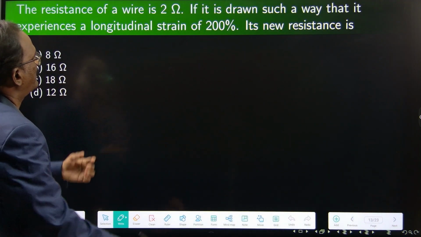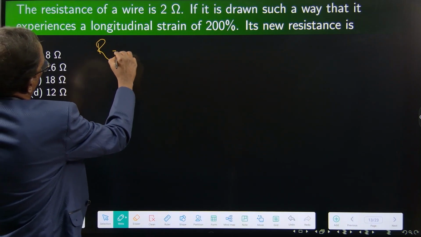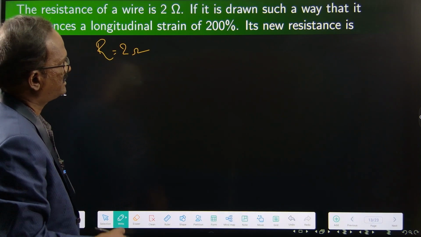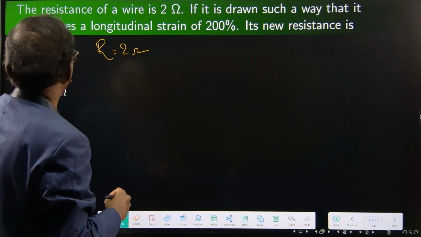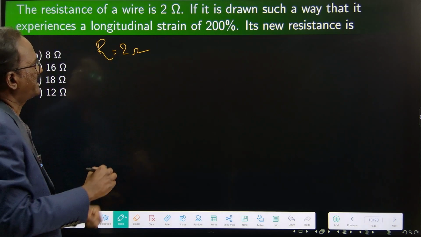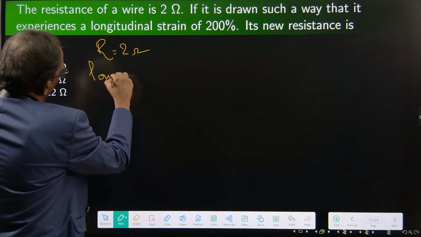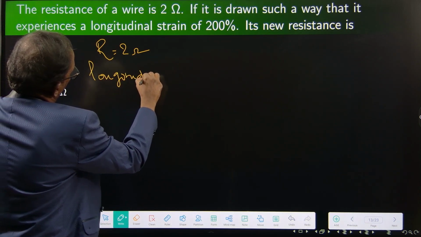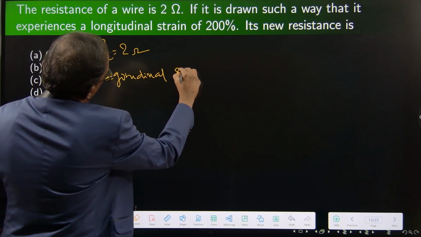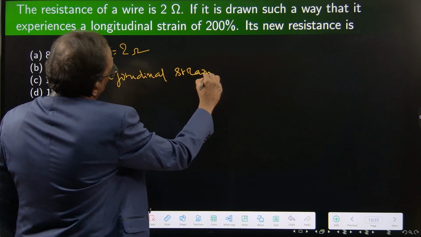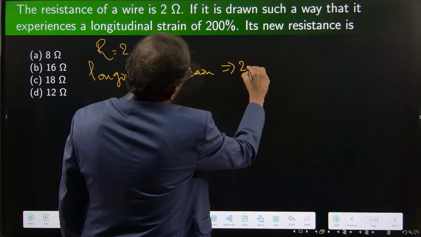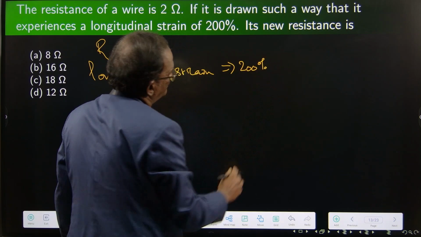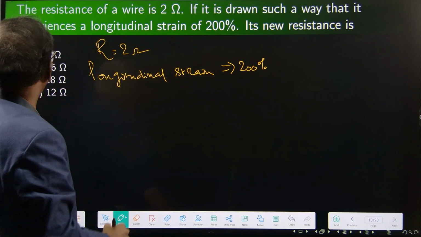The resistance of a wire is 2 ohms. If it is drawn in such a way that it experiences a longitudinal strain of 200%, what is its new resistance?